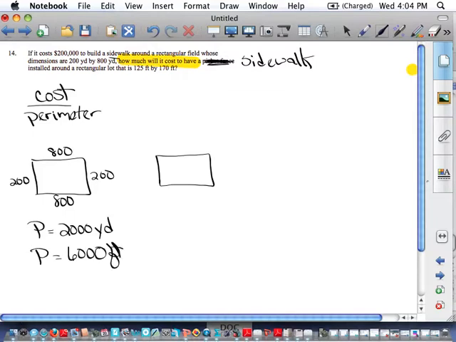We want to compare like measures. So now the perimeter of the rectangular lot is 125 and 170. So the perimeter of this in feet would be 590 feet. So again, we're comparing cost to the perimeter.